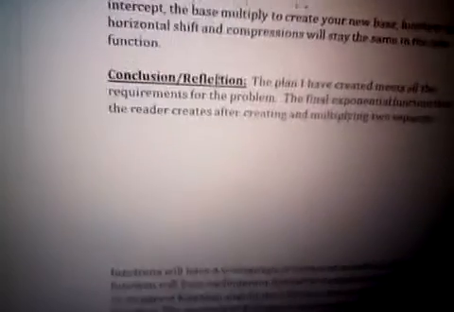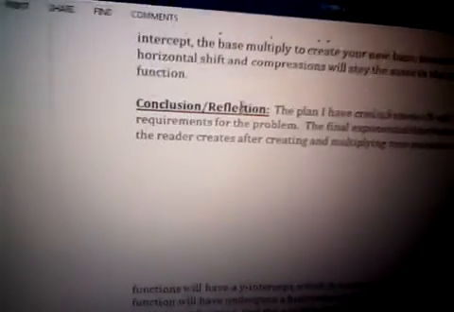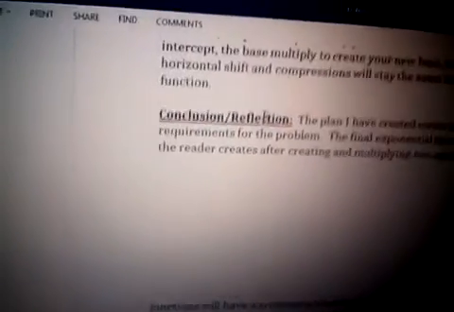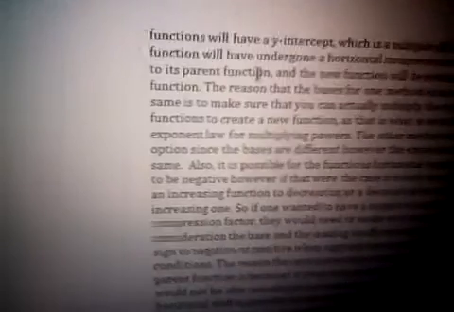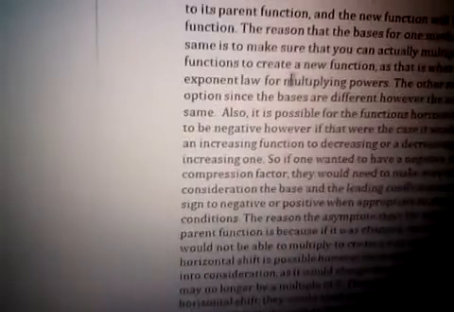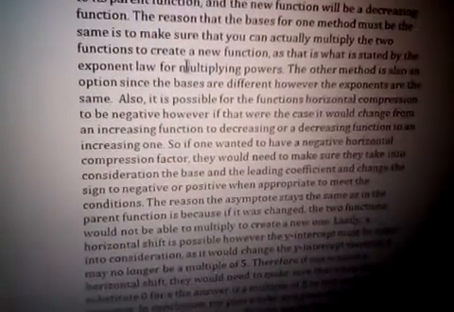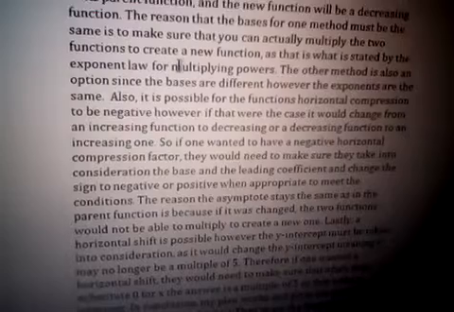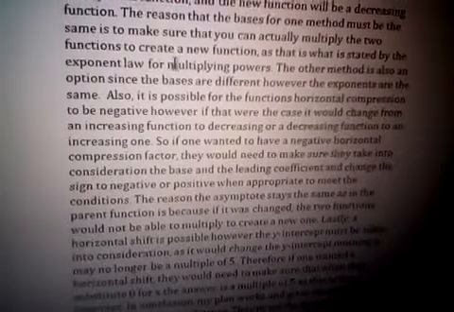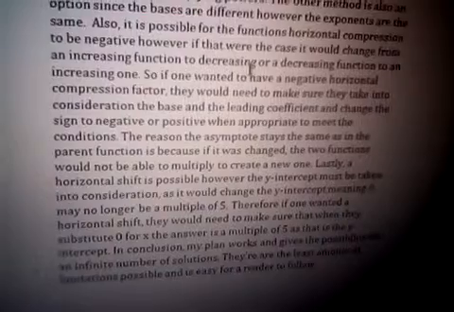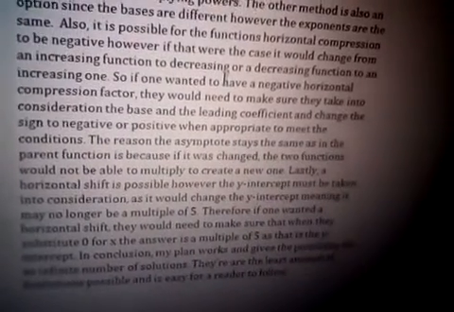Few specifications here and there, and from what the reflection says, basically saying that it does. Now it says the reason that the bases for one method must be the same is to make sure that you can actually multiply the two functions, as was stated by the exponent law. Yeah, definitely follows the exponent law. The other method is also an option since the bases are different, however the exponents are the same.